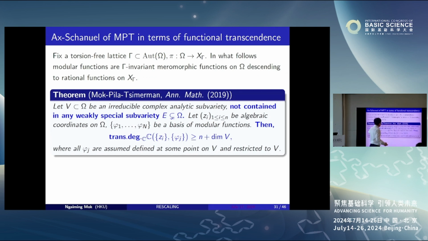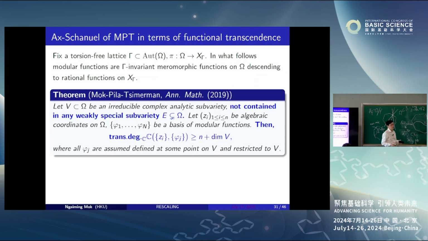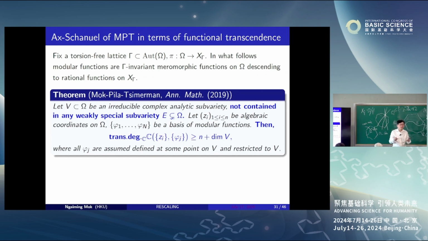But this statement is not going to be true if you take something which is contained in a weakly special subvariety. So there's some difference from the transcendental number theory version. It's not universally true, it's only true conjecturally, assuming that it's not contained in something totally geodesic and smaller.